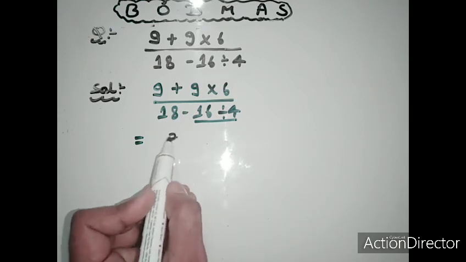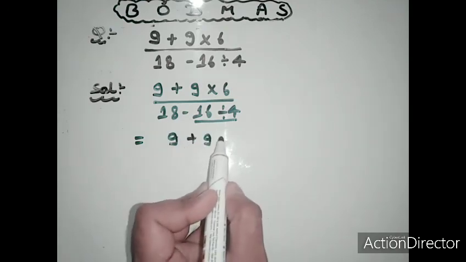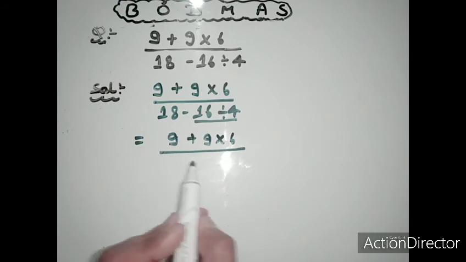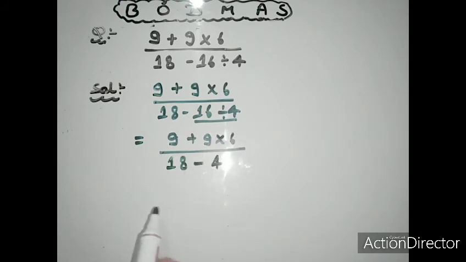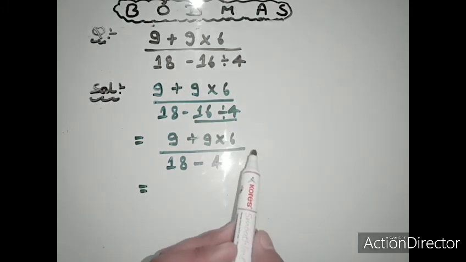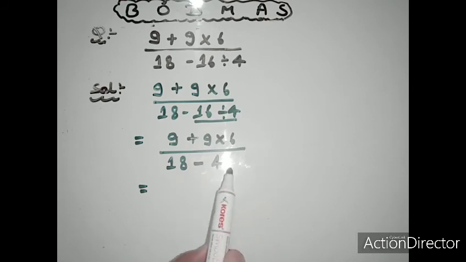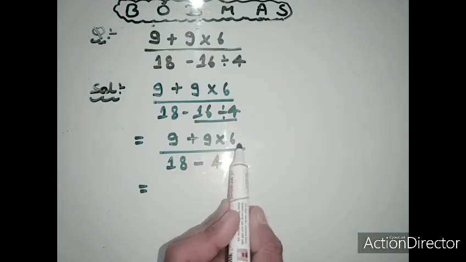So how many times is 16 divisible by 4? 4 4s are 16, right? So dear students, we also solve this question like this. So here we solve the upper part separately and the lower part separately, right? So now after that, here is multiplication. So where is multiplication? Multiplication is here.